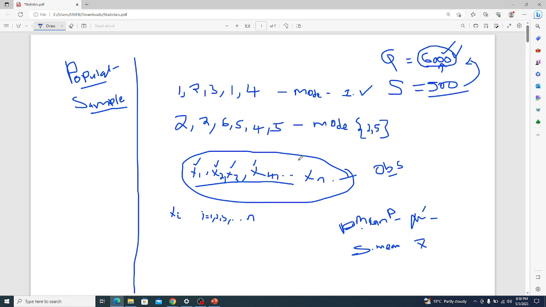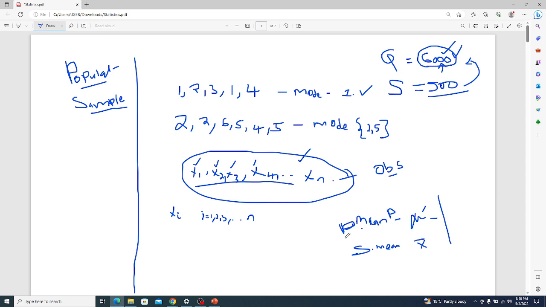So now we can come to our calculation of our mean. Again, we also have something we call sample size and population size. This is like the observations, the total observations.